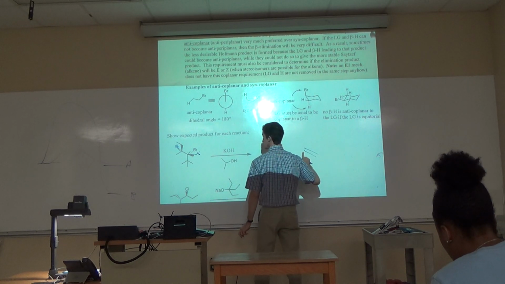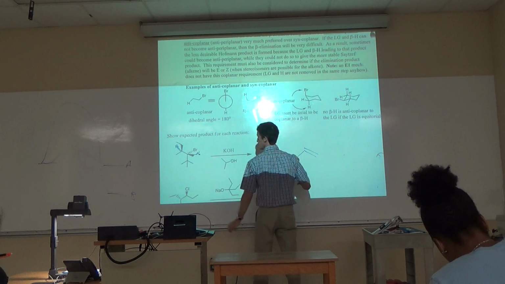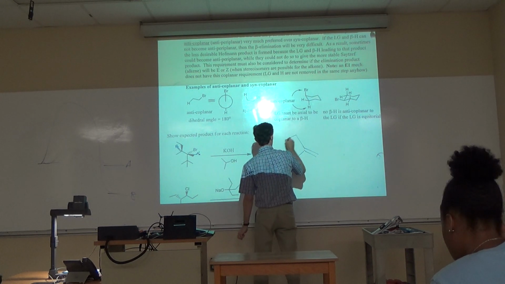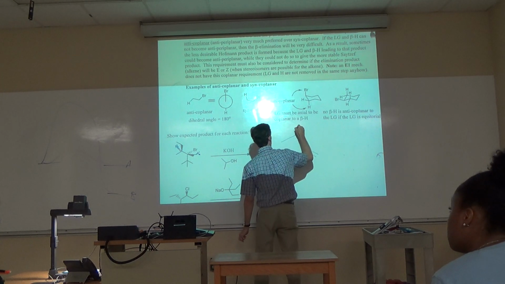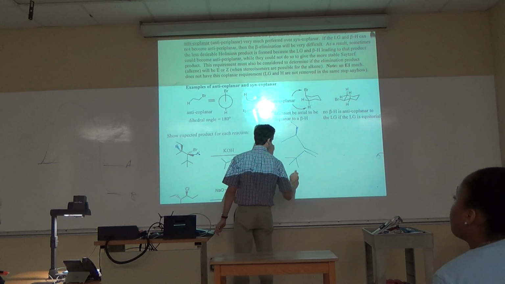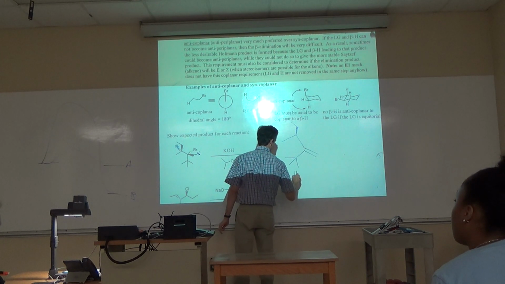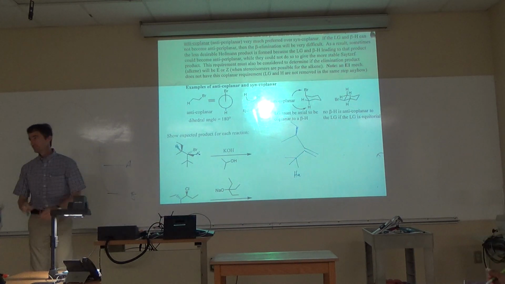What's on this carbon? A tert-butyl group and this group there. If we remove HA, we'll get that product. Everybody agree?